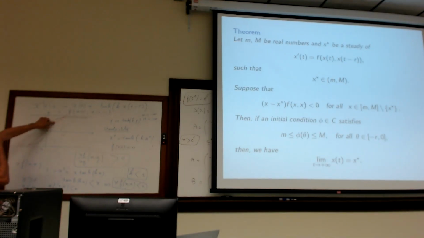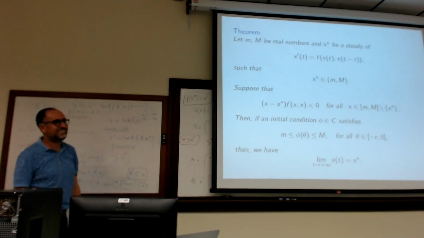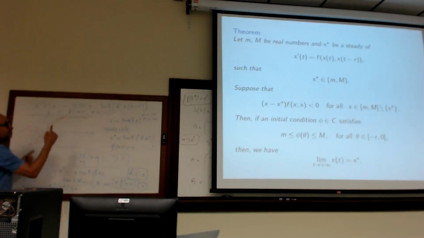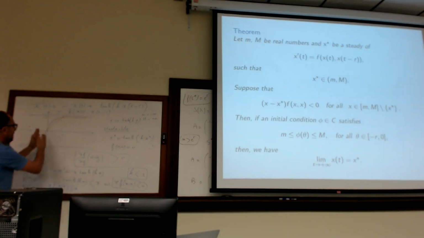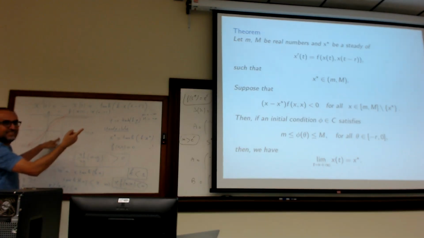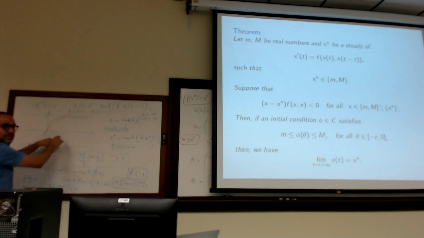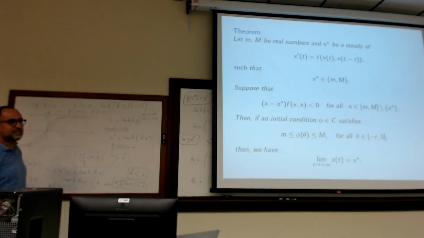That means this is positive. Ah, yes, because I have x minus, this is negative, it's not positive. I am in the x negative, but x is less than u. That means x minus u, which is the steady state, is negative. Okay? Yes, this is satisfied.